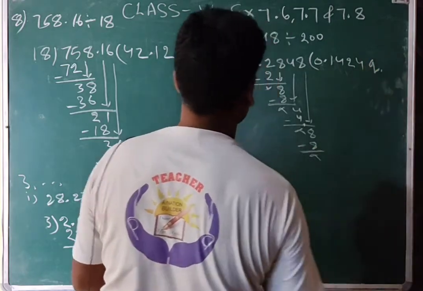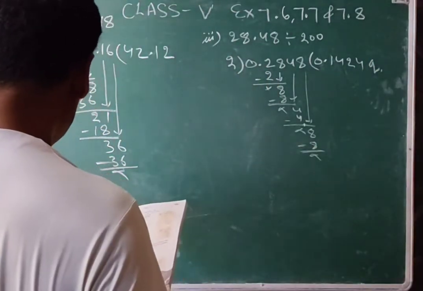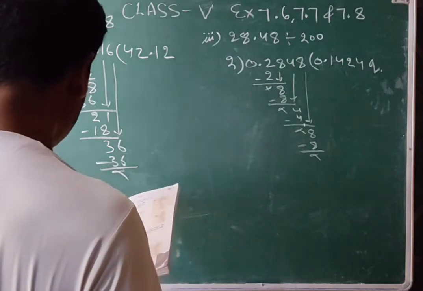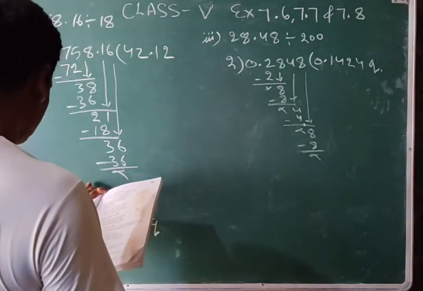This is the quotient. And then by 30 you can do by 80.